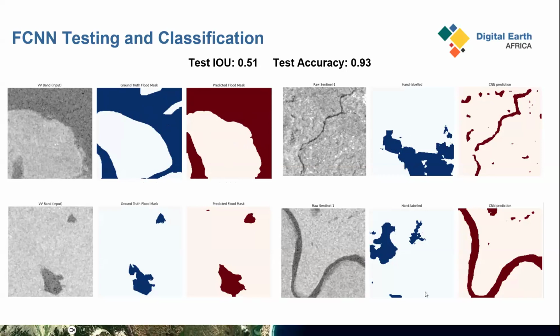If the data that we were given does not reflect what the raw imagery is reflecting, because it's quite unclear to me how this is the flooding when the image itself does not showcase this pattern. But we're able to capture what is on the image, as you can see in the red, the CNN prediction. But the hand label data did not reflect that. So when we do that overlap, that's what we're looking at with the IOU.